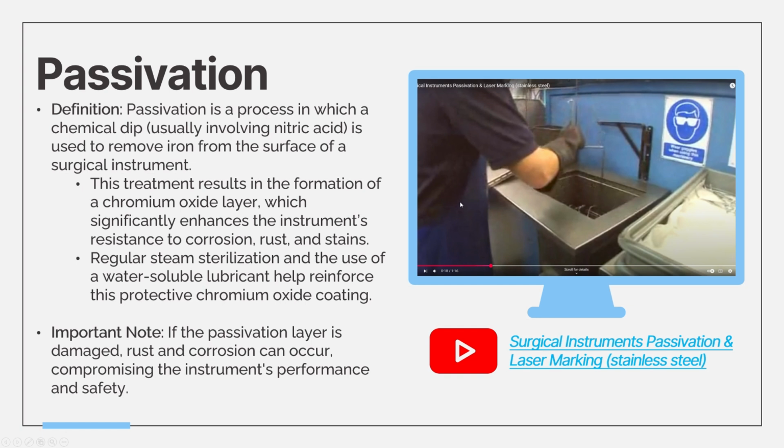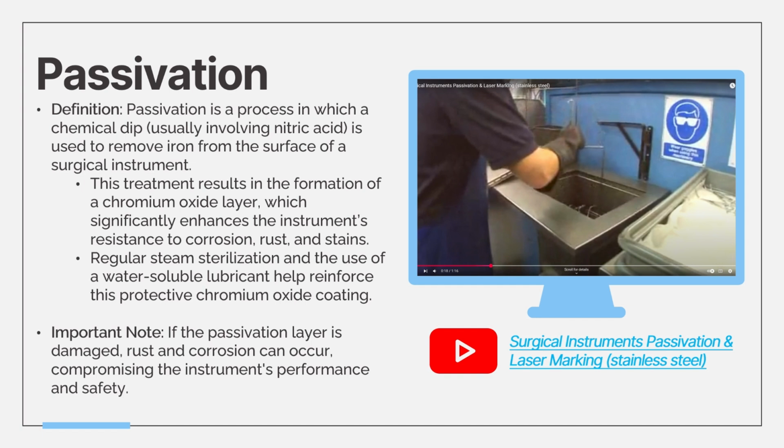And now we have passivation, which is a critical post-manufacturing process for stainless steel surgical instruments. It involves immersing the instrument in a nitric acid solution, which removes surface iron and contaminants. This allows a thin protective chromium oxide layer to form naturally on the surface of the instrument.